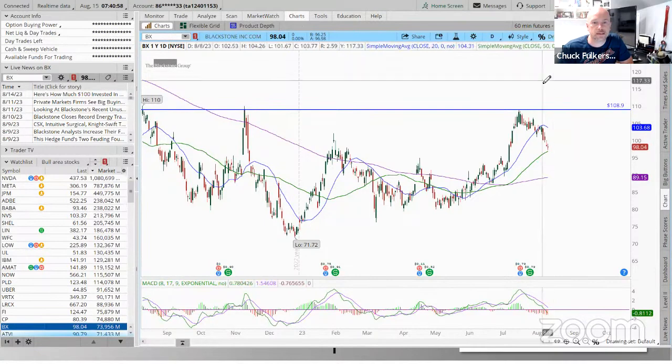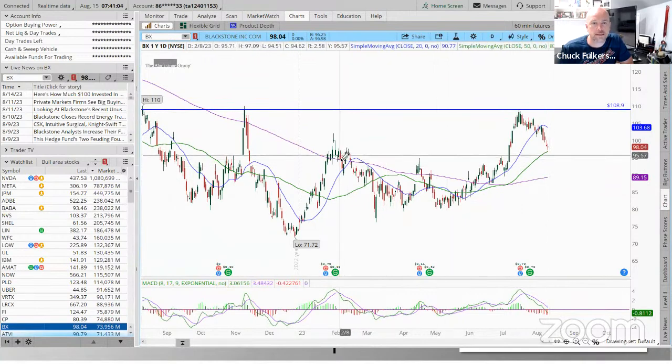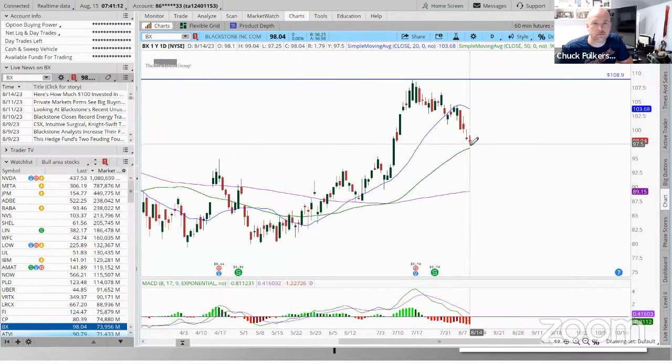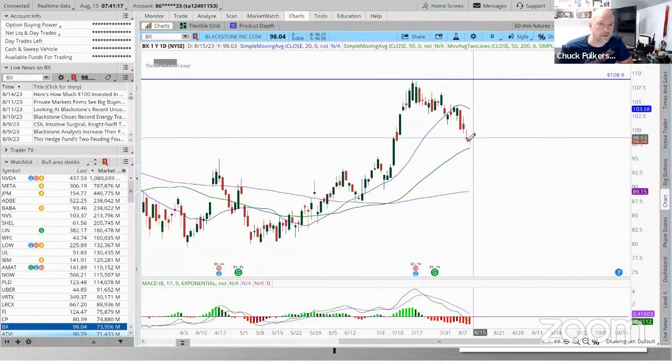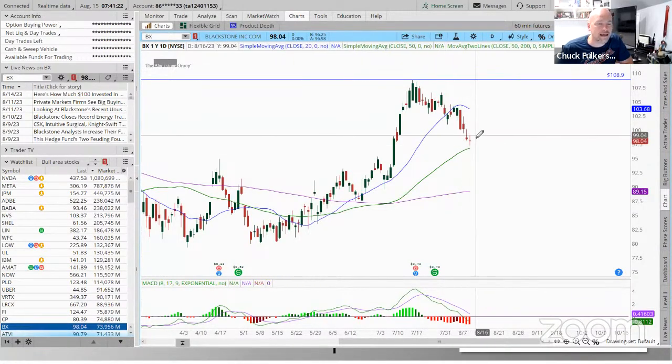All right, this is a good example of, look at the deep pullback we've gotten through here, right? Sitting right above a decent area of demand. And yesterday's candle was an excellent reversal candlestick, right? Really nice one here. Is it in a great level?